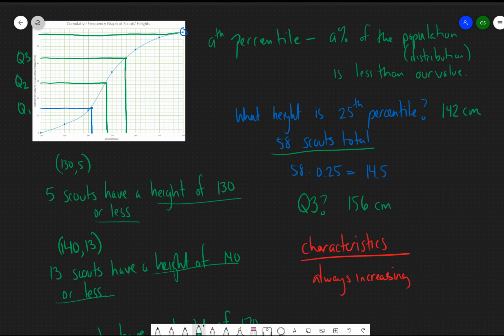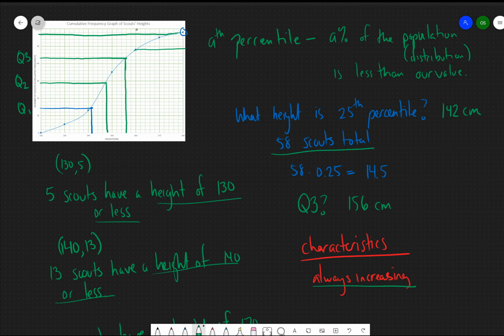Now again, a cumulative frequency graph is always increasing. We're never going to see something like this ever happen in a cumulative frequency graph. Because if this were to happen, this downward turn means all of a sudden you were measuring people and then people started disappearing. That can't happen. At best, the graph would just kind of level out. Meaning, from here to here, I didn't really pick up anybody else.